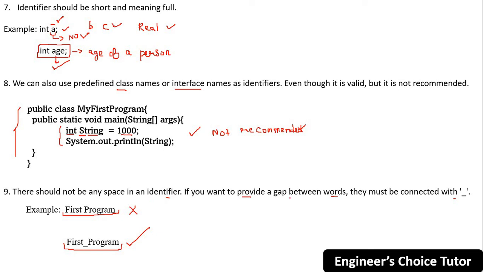If you want to provide a gap between words, they must be connected with the underscore sign. For example, first space program is invalid. You will get the error, you can try. But if you use first_program, it is 100% valid. That is why somewhere the underscore symbol is also called a connector symbol.